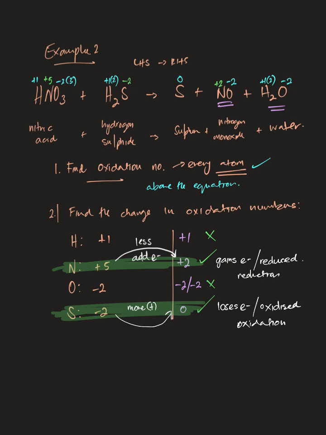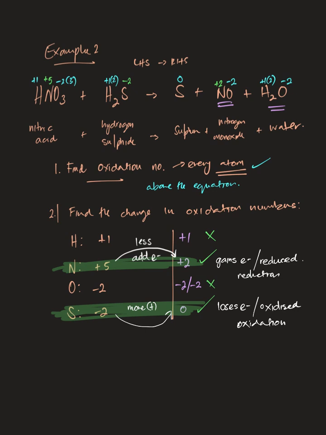So one of the things that makes this trickier is that the atoms which are getting oxidized or reduced are part of compounds with other elements. It's not just elements. They belong to something. So when they belong to something, there's a way in which we have to write this.